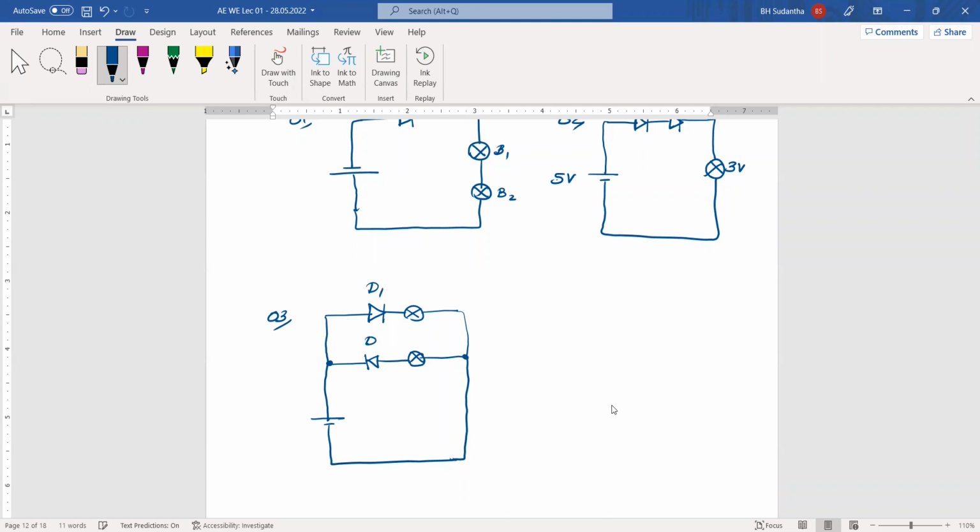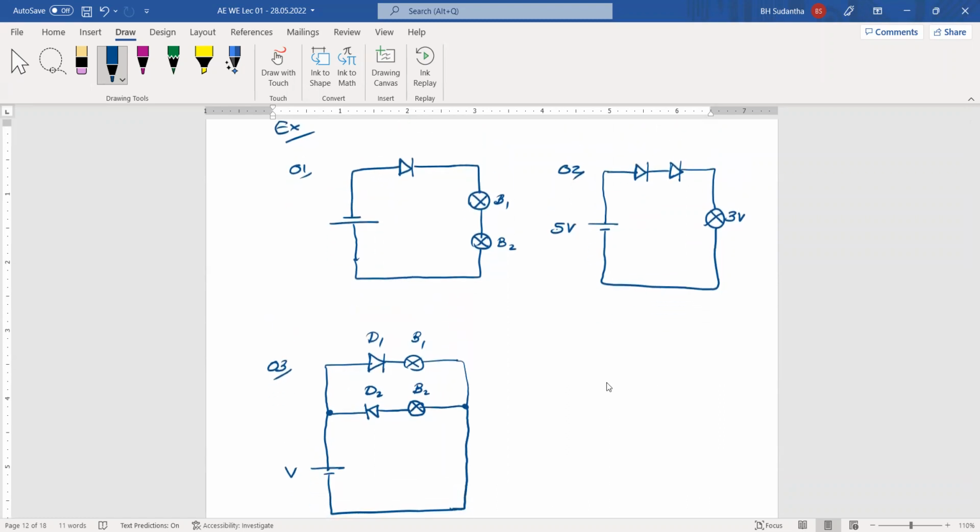This is B1 and B2. Then find out whether the bulbs are on or off, and what can we say about these things?